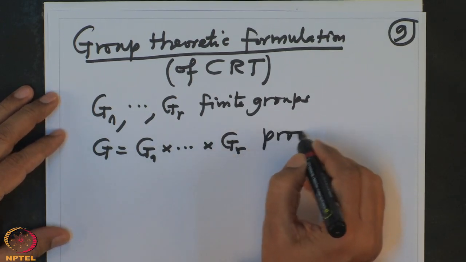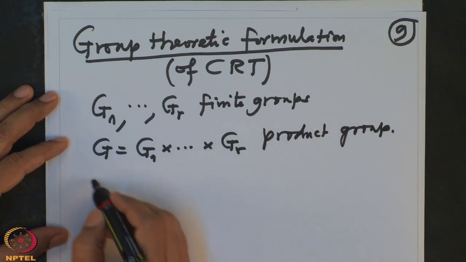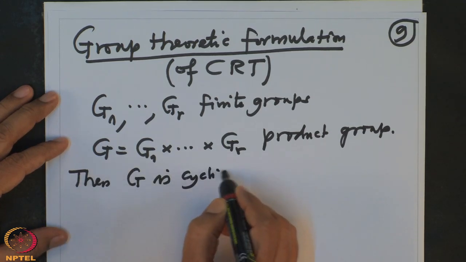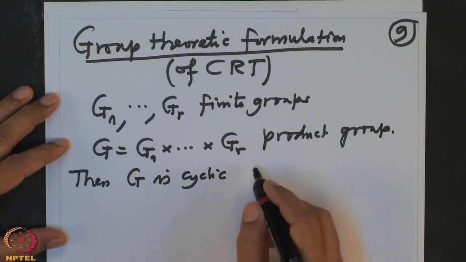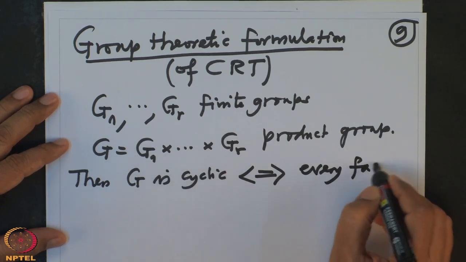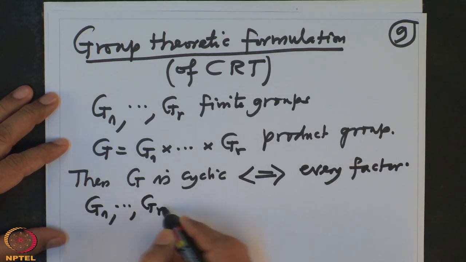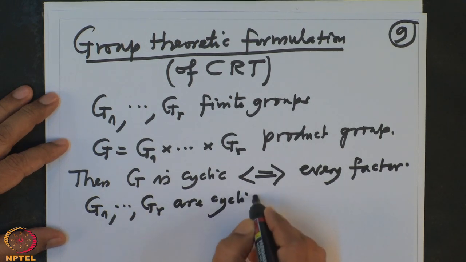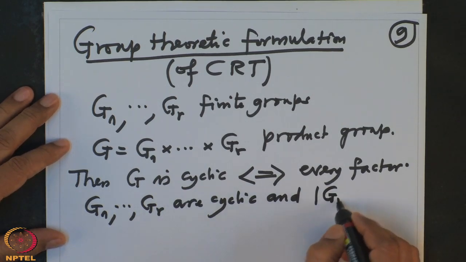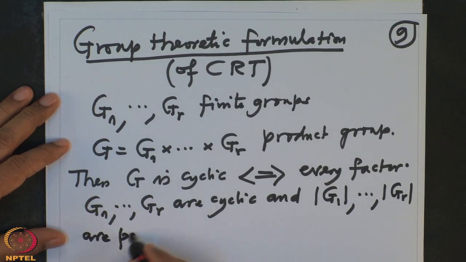Then the product group G is cyclic, that means it has a primitive element, if and only if every factor G1 to Gr is cyclic and their orders, order of G1 to order of Gr, are pairwise relatively prime.